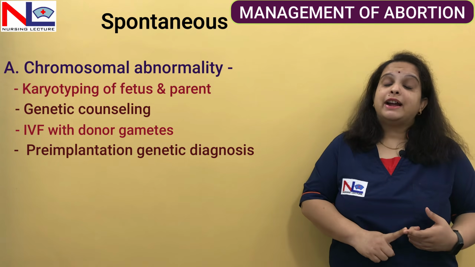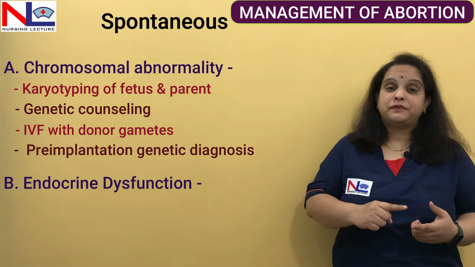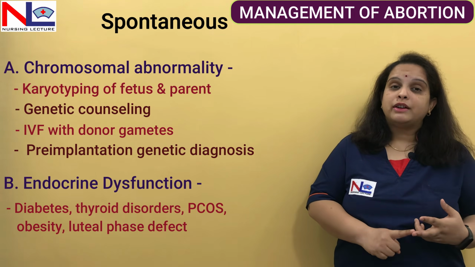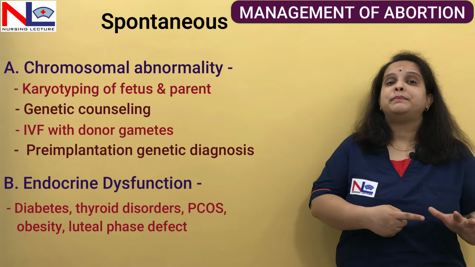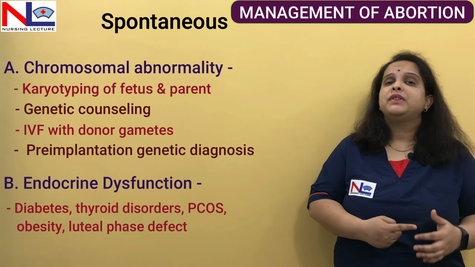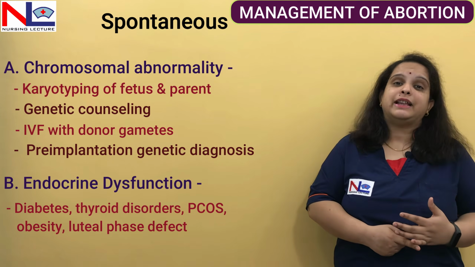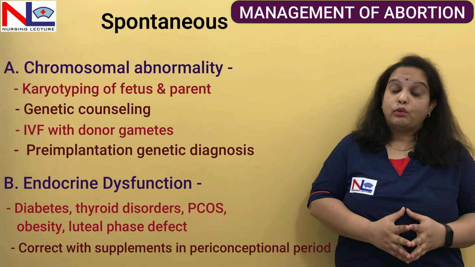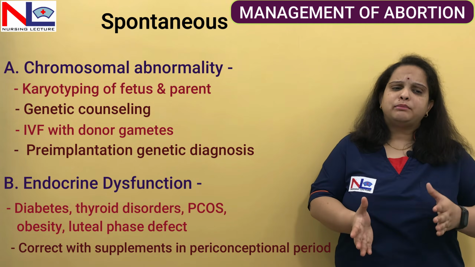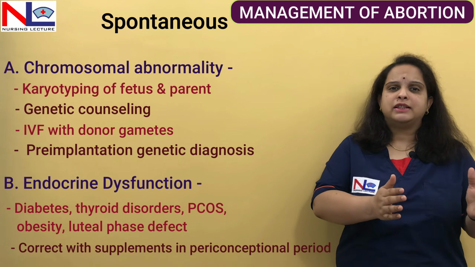Now if we find that the abortion is because of an endocrinal issue, suppose she had diabetes, obesity, thyroid abnormality, luteal phase defect, or PCOS, polycystic ovarian syndrome, then we can give periconceptional supplements to the woman. Periconception means we are giving drugs or supplements 3 to 4 months before she conceives next time.